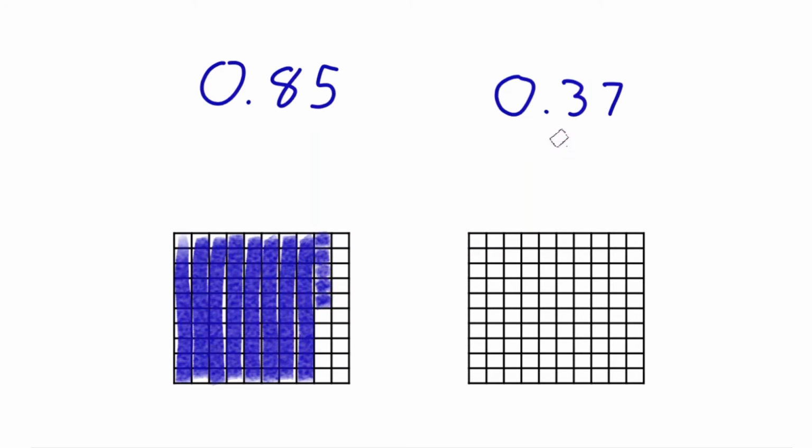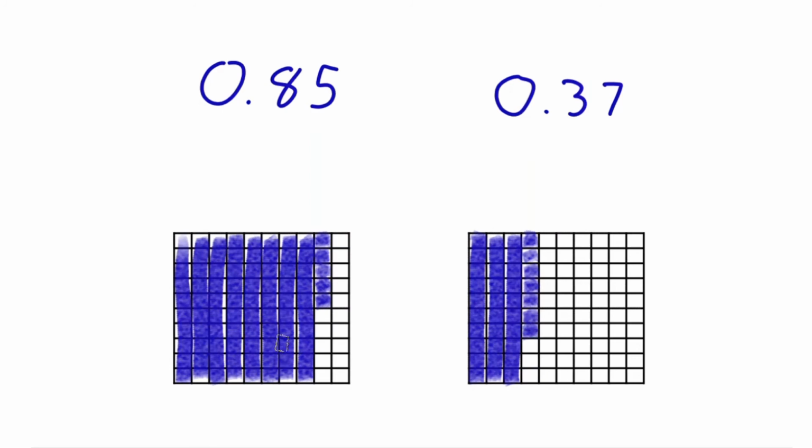Let's move over to the 37 hundredths. Again, since this is in the tenths place and there's 10 columns, we're going to count out 3 of the 10 columns. 1, 2, 3. Now, in the hundredths place, we'll count out 7 of the ones. 1, 2, 3, 4, 5, 6, and 7.